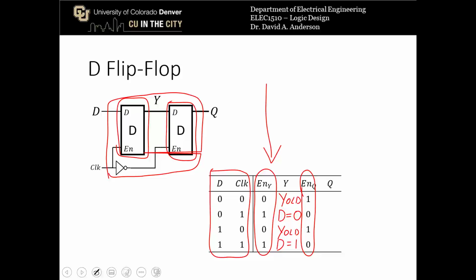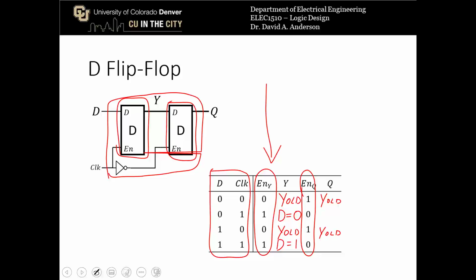Okay, so now in the first case, when clock is 0, that means that the enable input into the Q latch is a 1, which means that Q is equal to the Y input, which is Y old. For the other instance, when the Q enable line is a 1, Q is also equal to Y old because it's equal to whatever Y is at that time.